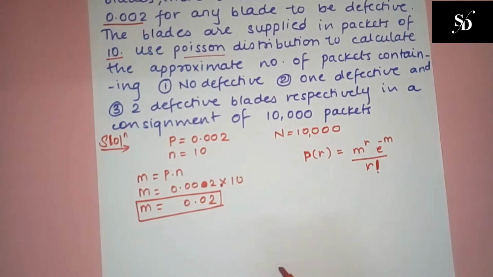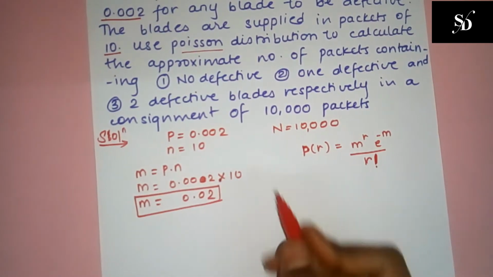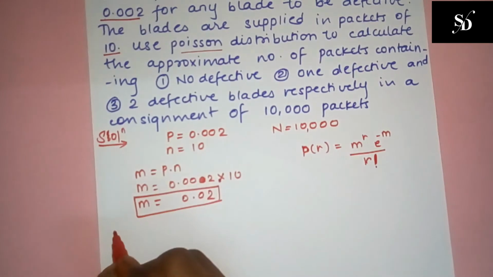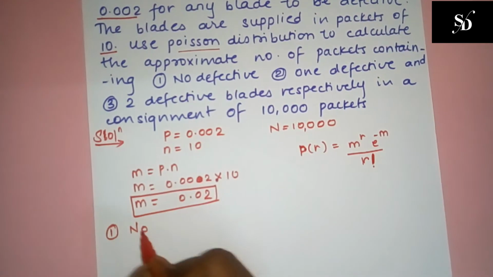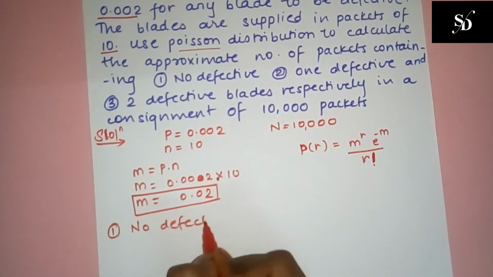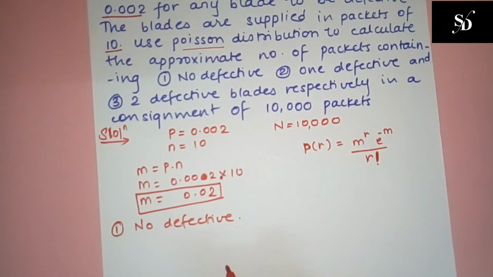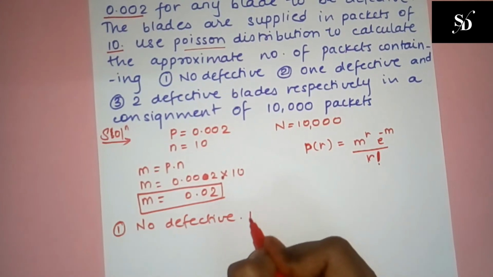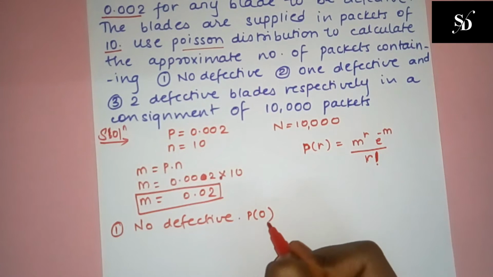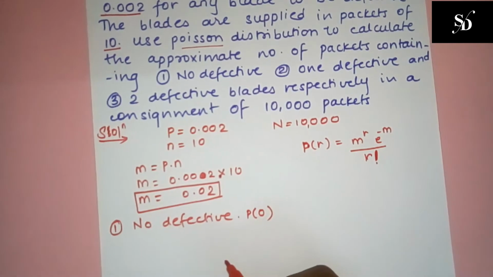Now we can solve it condition wise. The first condition is no defective. No defective means P of 0. They are telling us to find P of 0, so R over here is 0.